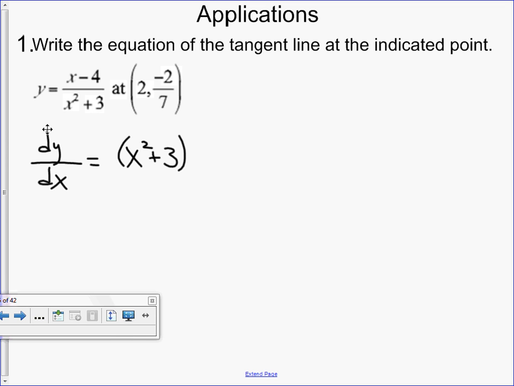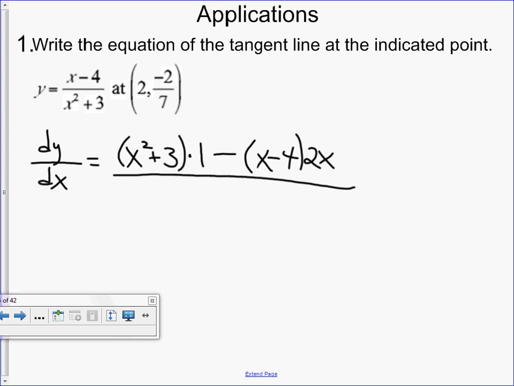Low, d high. What's d high? 1. The derivative of the numerator is 1. So you don't have to write this, but just to show, times 1. Low d high, less, minus, high. Right? What about d low? 2x. Good.